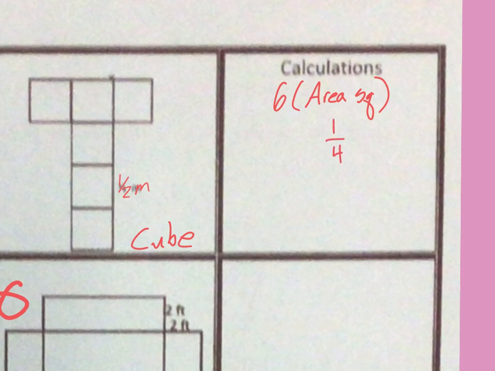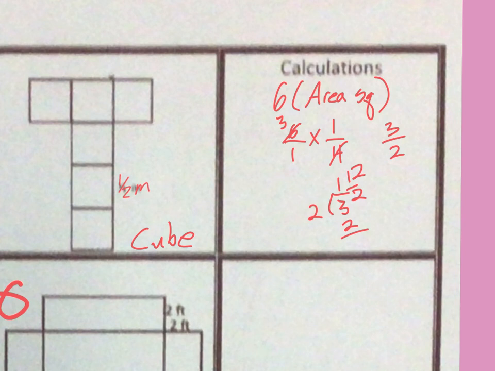Now, what is 6 times 1/4? We get 3 halves. That's an improper fraction, so 3 divided by 2 gives 1 and 1/2. So we get 1 and 1/2 when we multiply all those together.